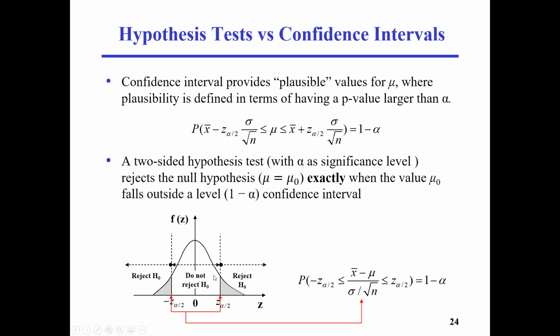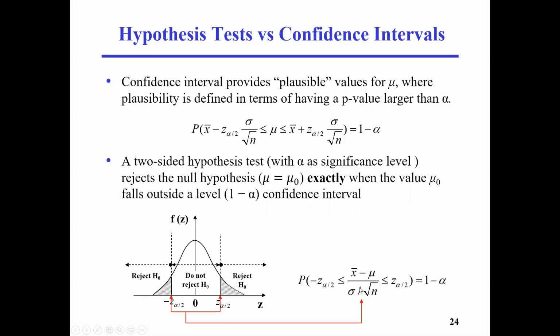That's how hypothesis testing is connected to estimation. When alpha is decided, 1 minus alpha is decided. Then if the null hypothesis is true, your z value should be within the interval established by these two critical values.